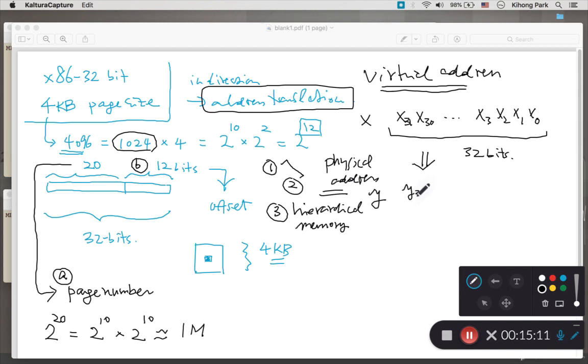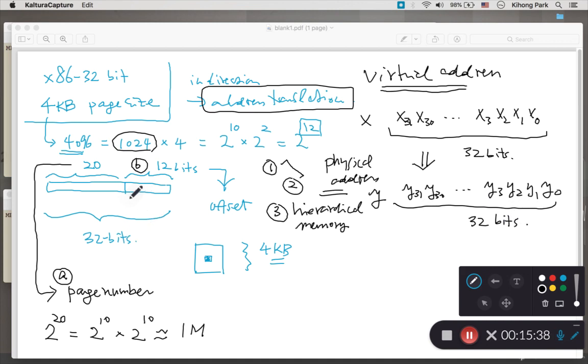And of course, it too has 32 bits. So Y31, 30, and this is the least significant bit. This is the most significant bit. That's how I'm going to write it here. And then Y3, Y2, Y1, Y0. These are the 32 bits of the actual physical address.